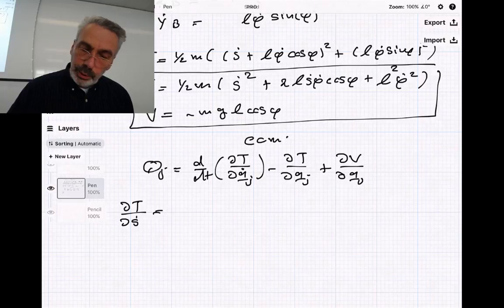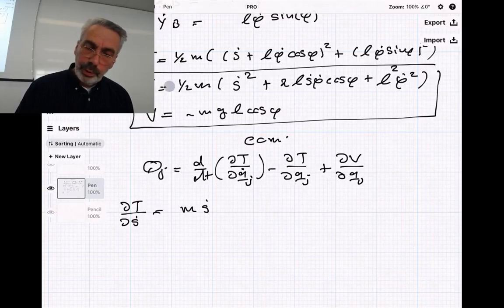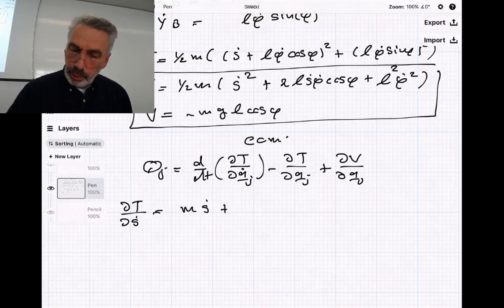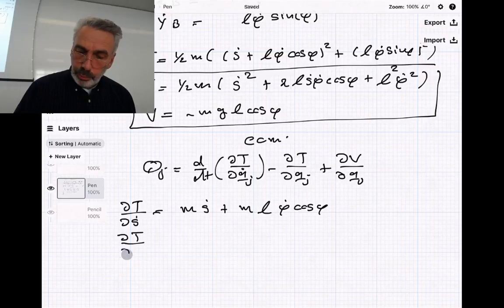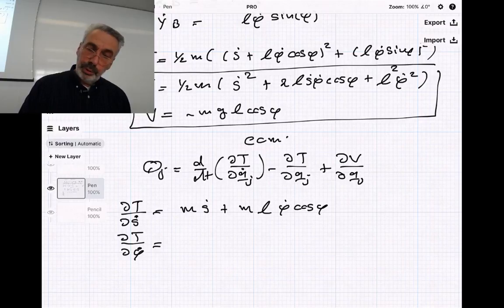Well, what is ∂T/∂s dot? That is m s dot. It's first part. And then here, oh nice, there's a 2 here and a half. They also go away. Wow. There's m l phi dot cosine phi. That's it. Then the second one, ∂T/∂phi dot.